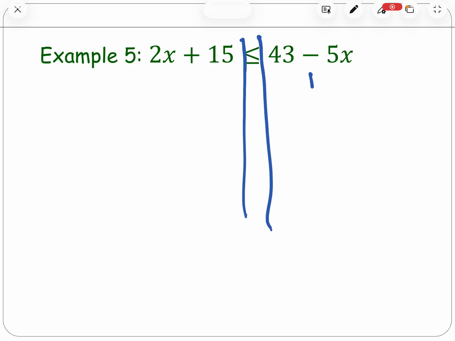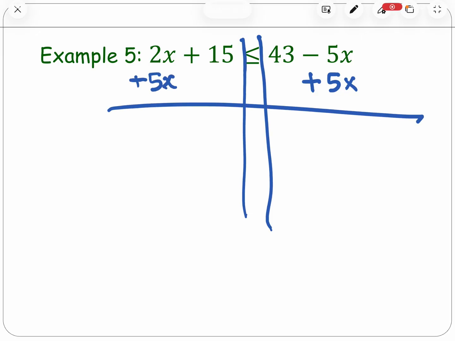I hope you all started with plus 5x. Would adding or subtracting terms ever flip my sign? Only multiply and divide flips your sign. Do we agree? 7x plus 15 is less than or equal to 43. Don't write equal. It's a whole different problem.